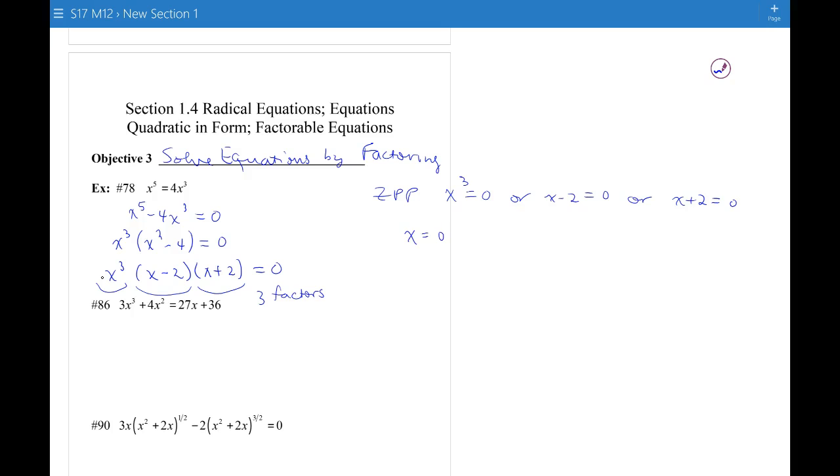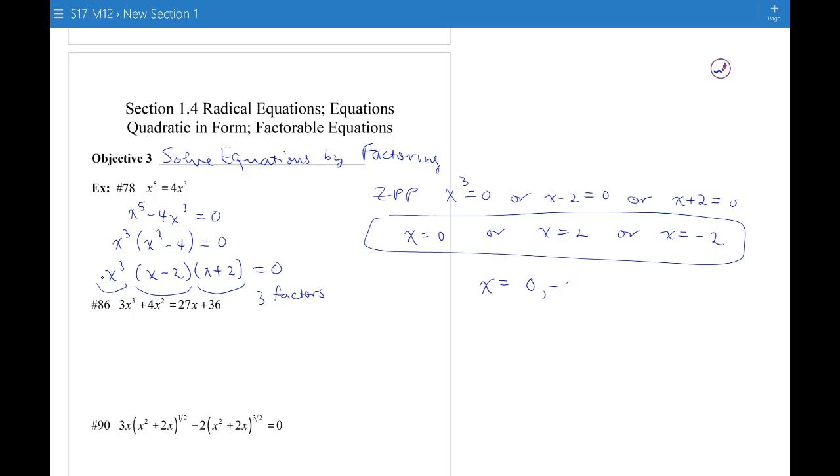So either x equals 0, the only possible way you can take a number and cube it and get 0 is if the number is 0, or x equals 2, or x equals -2. And I'm fine if you leave your answer like this, or if you make me a list, or my math lab will require you to make a list in brackets, a solution set.